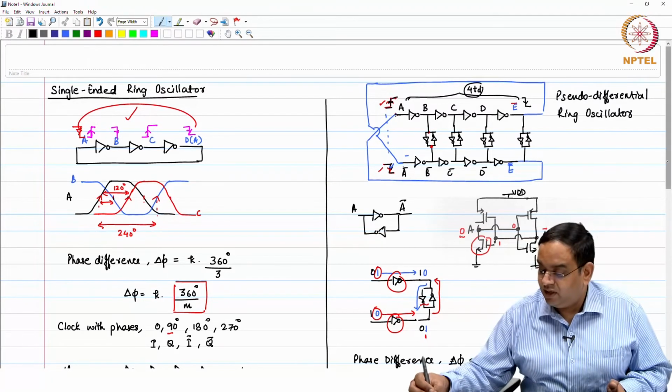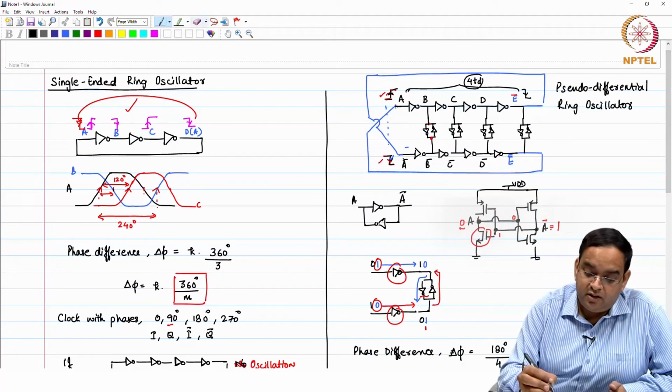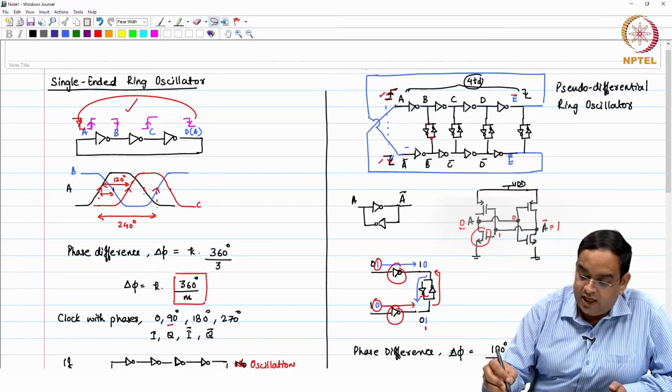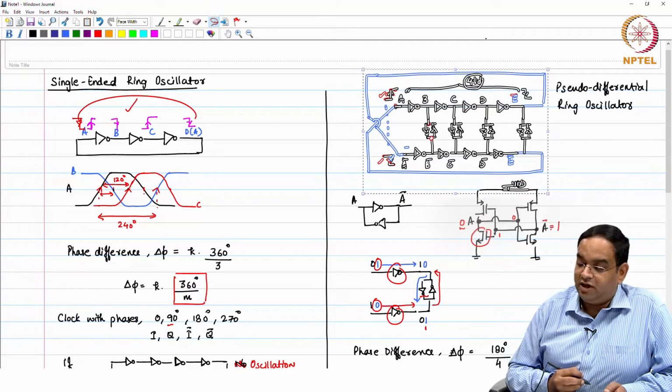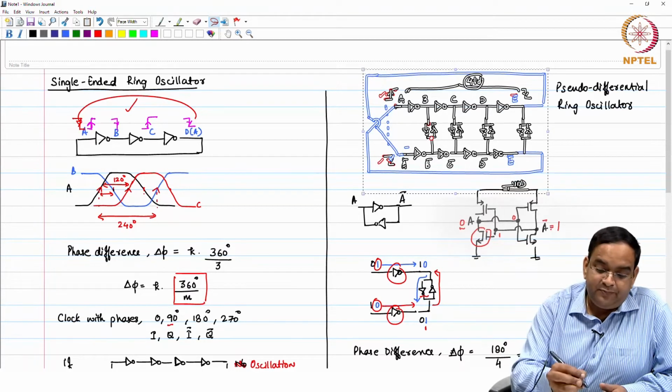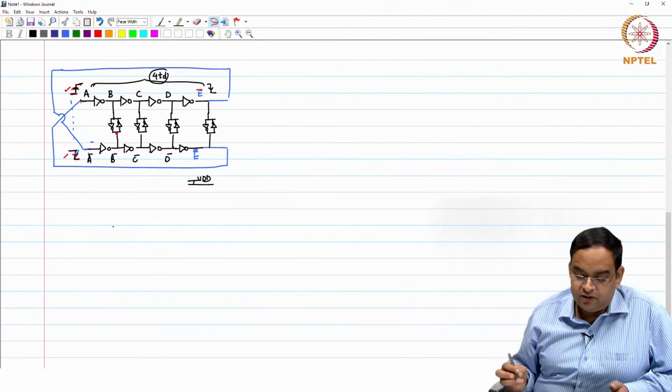So, for example, let us just look at this oscillator and make sure that whatever is happening, we understand it correctly. Okay. So, this is the oscillator.